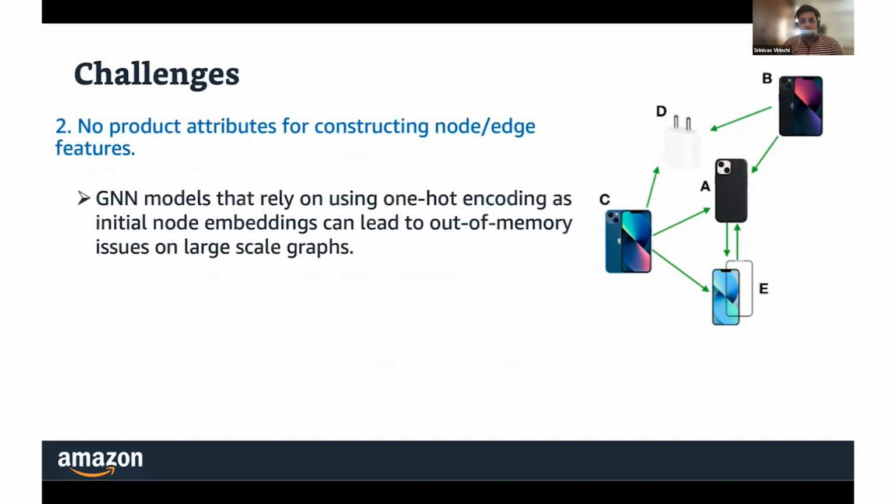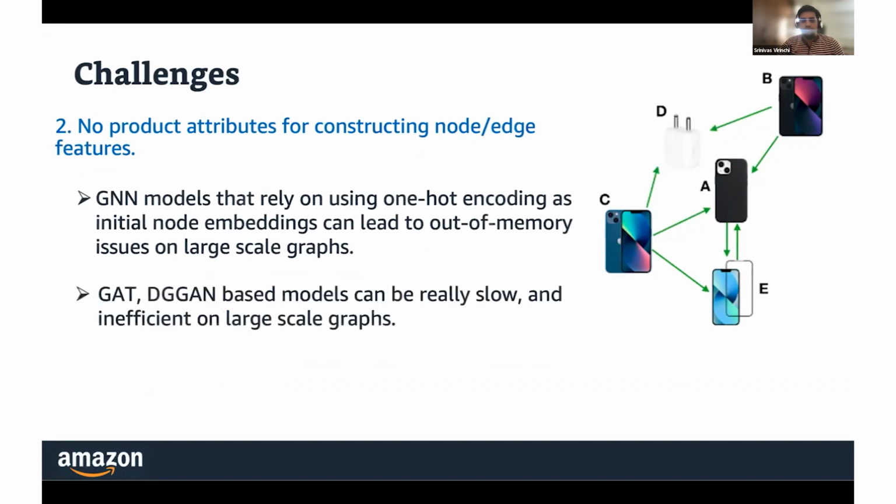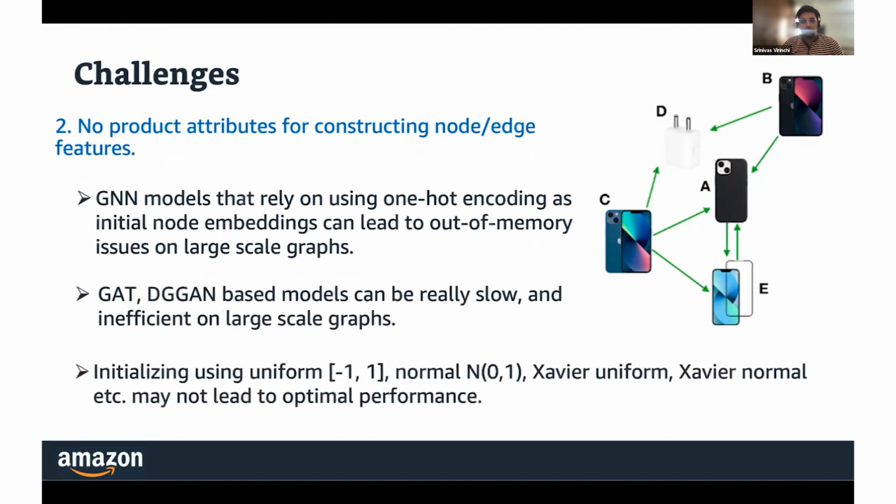Challenge two: in the absence of product features, and thinking of graphs that could go up to millions of nodes, going with a simple one-hot encoding embedding vector would not be the best way to go about it. So there lies another challenge, right? That's challenge number two.